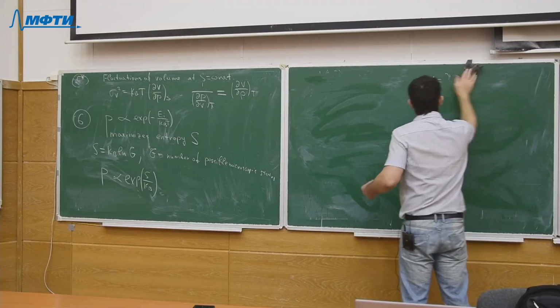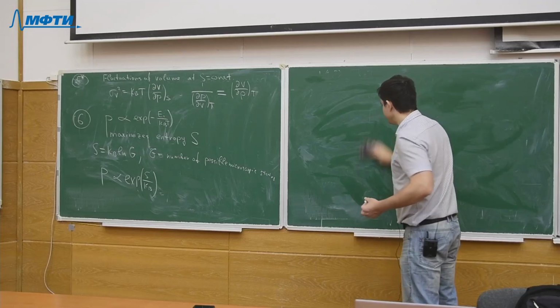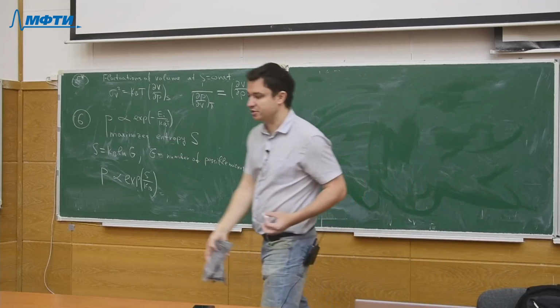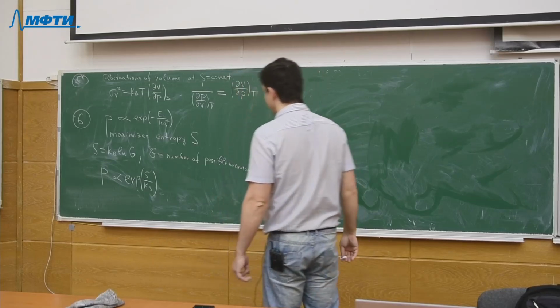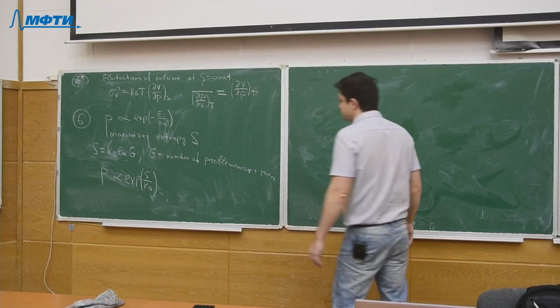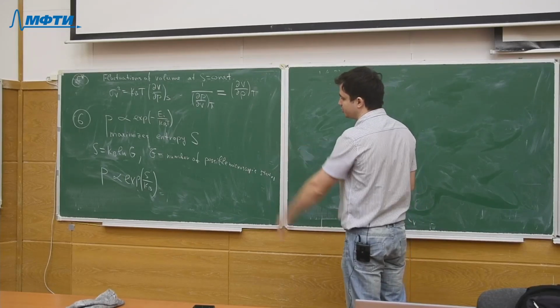Instead of using the Gibbs distribution, which maximizes the entropy, I'm going to use the concept of statistical weight. So the probability of a certain state of the system should be determined like this.